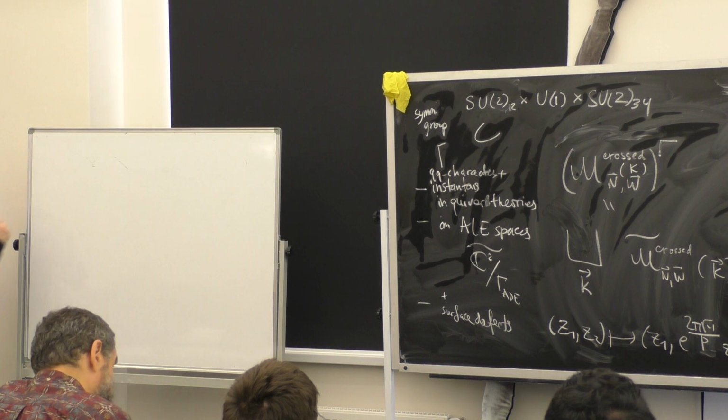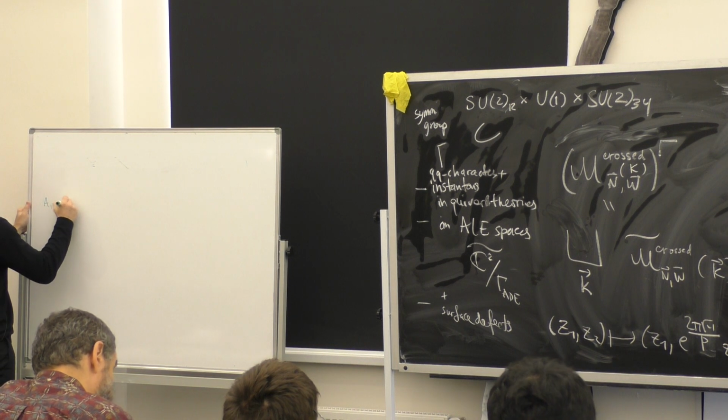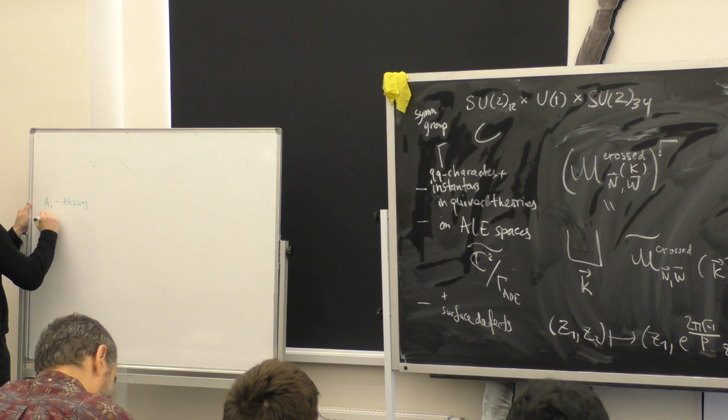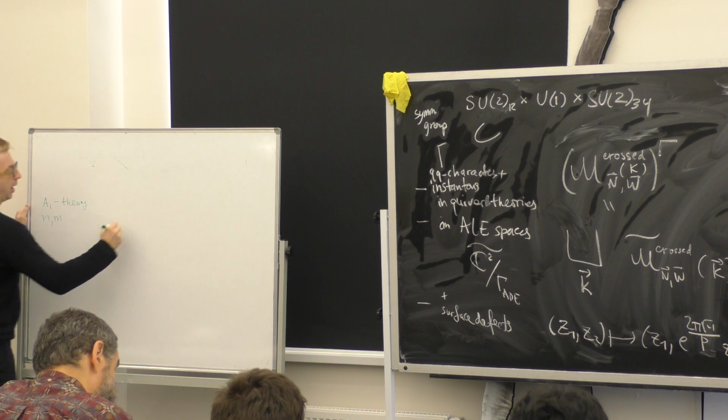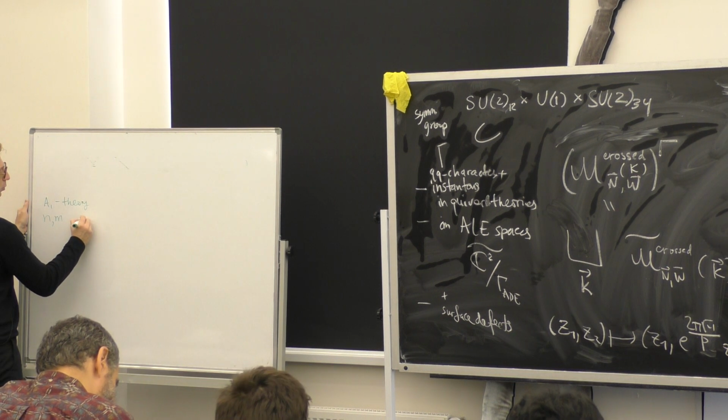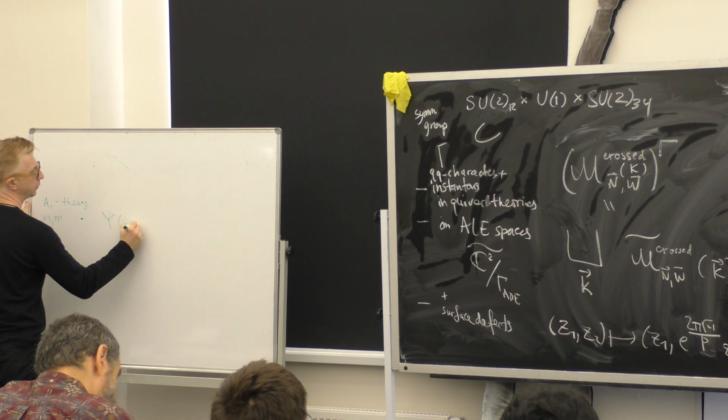Remember, for the A1 theory it has two parameters n and m, and the only fundamental QQ character had this form.